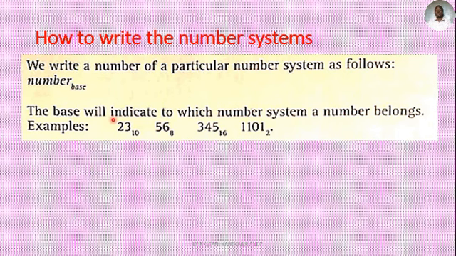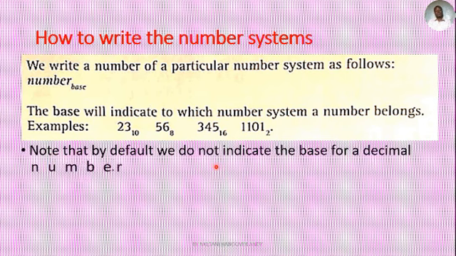Examples we have here are 23 written in base 10, then 56 written in base 8, and 345 written in base 16. Then we have 1101 written in base 2. So the numbers which are subscripts here are the bases.